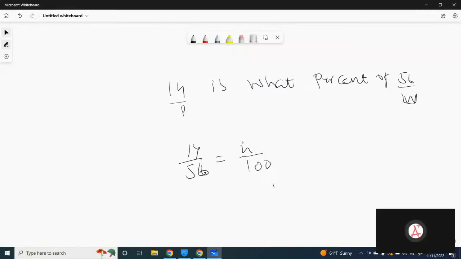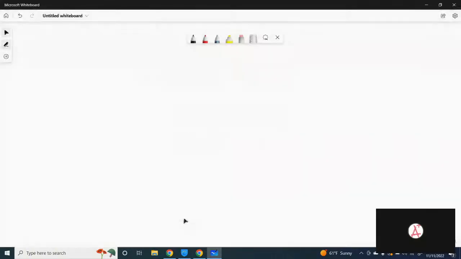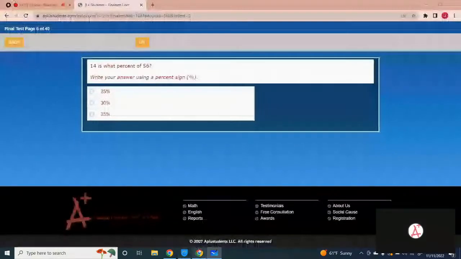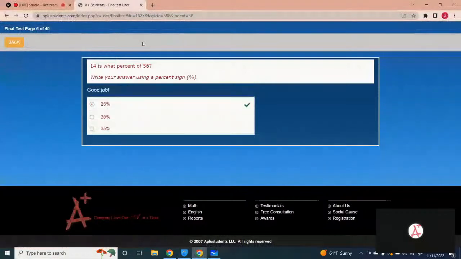Just do cross multiplication. It would be 14 times 100 divided by 56. So it would be 1400 divided by 56, which is 25. That means 14 is 25% of 56. Got it? So the correct option is 25%. Just select the correct option and click on the OK button.